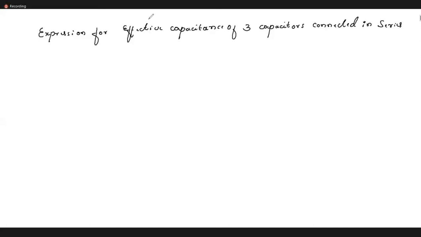So let me draw here. One capacitor, second capacitor, and a third, all in the same line. And I'm connecting them with one battery.